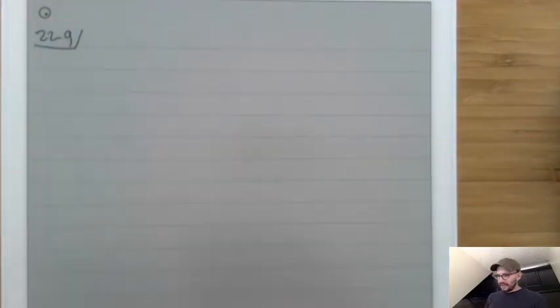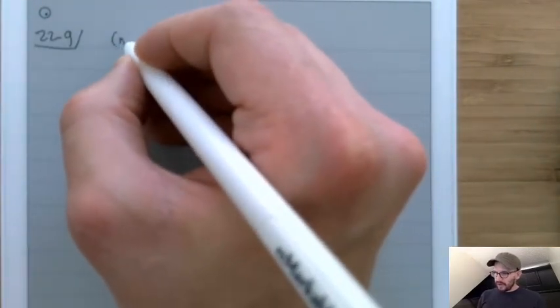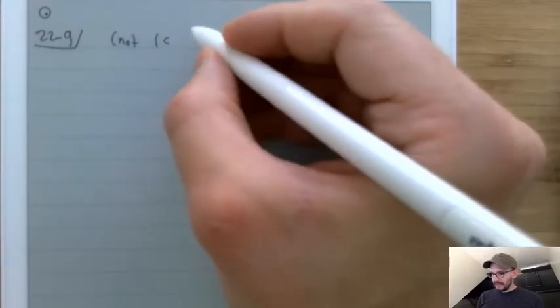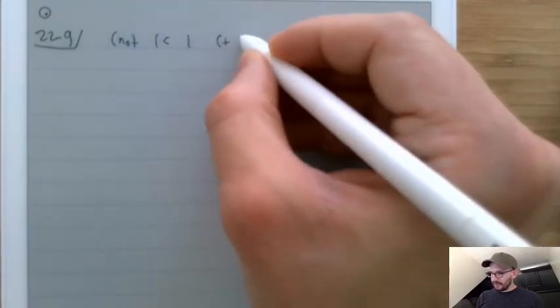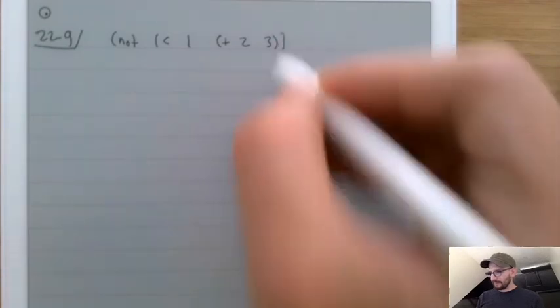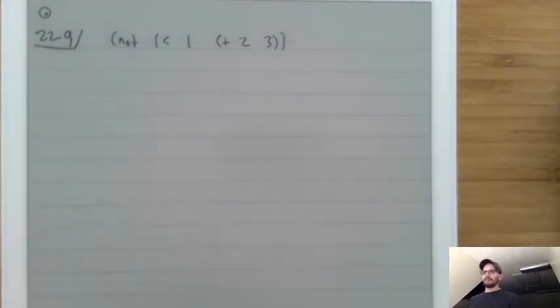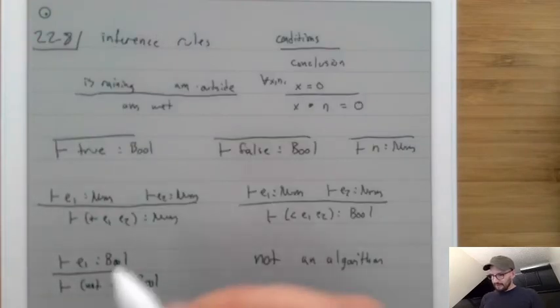So, imagine that I have the program not less than 1 plus 2, 3. Okay? And I would like to make a prediction about this. Well, let's just label these rules.